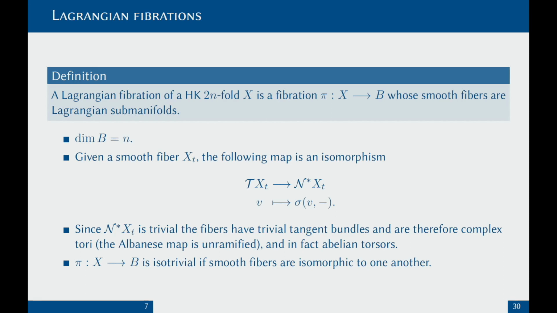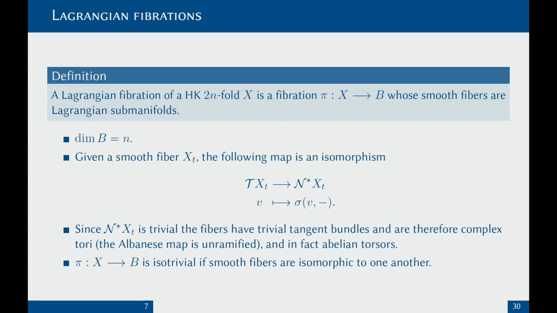And if you have a compact Kähler manifold with a trivial tangent bundle, that's an exercise, then it has to be a complex torus because the Albanese map is unramified. And so the fibers are actually complex tori, and they turn out to be projective. They turn out to be abelian varieties. So really what you have is a fibration by abelian varieties that are half the dimension of the total space.